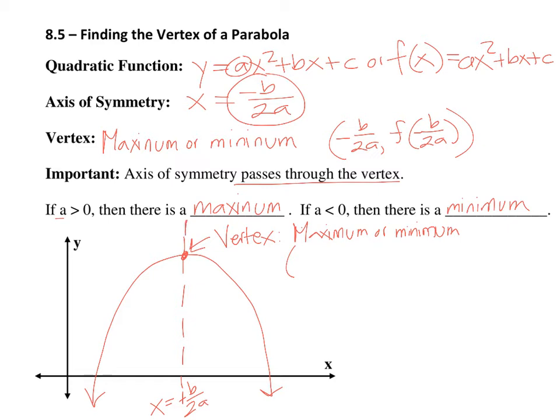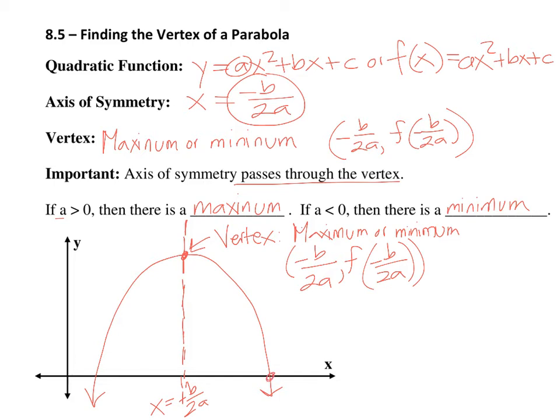So notice that the axis of symmetry passes through the vertex, so the x value must be negative b over 2a. And to simply figure out the y value of the vertex, you just plug the x value back into your quadratic function. So that's f of negative b over 2a. You're evaluating the function using that x value.